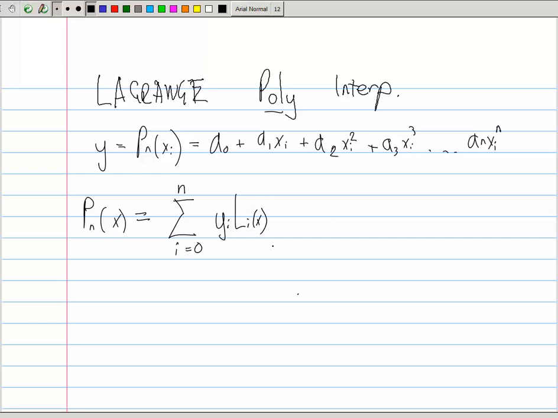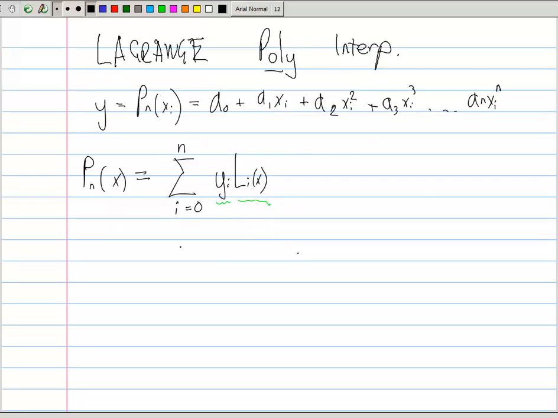So in order to do this, we need to know what Li of x is. We should have our y, because this is the whole purpose of this polynomial interpolation, when we have a series of values of x and a series of values of y. But what is our Li of x?